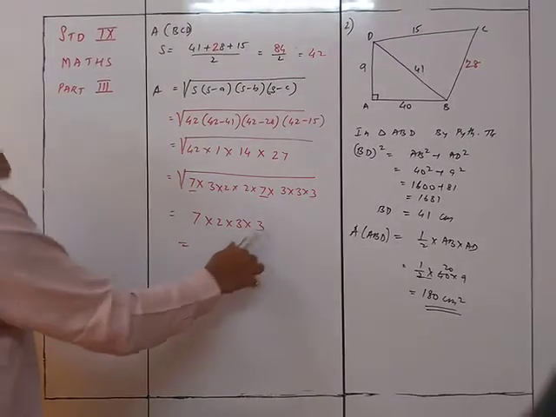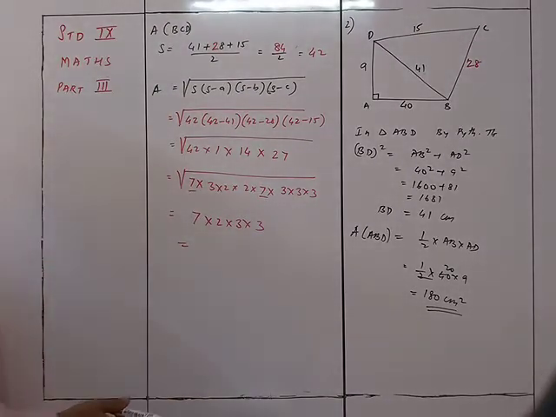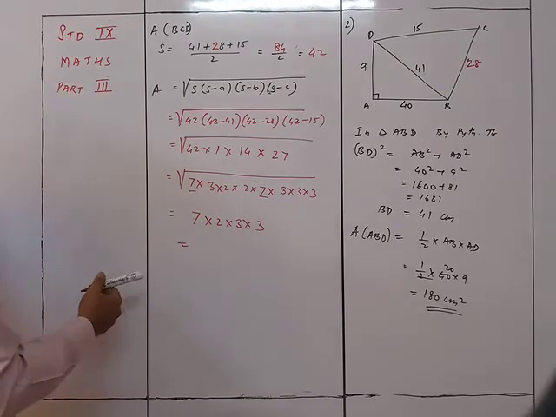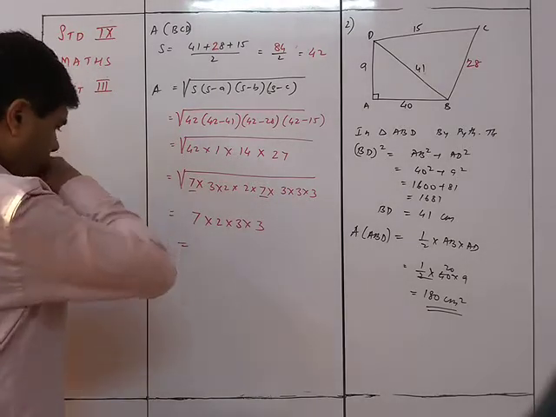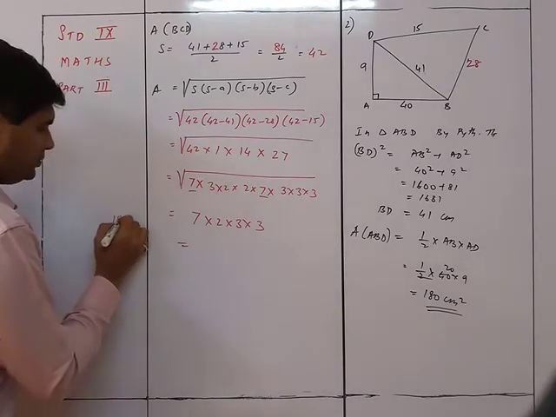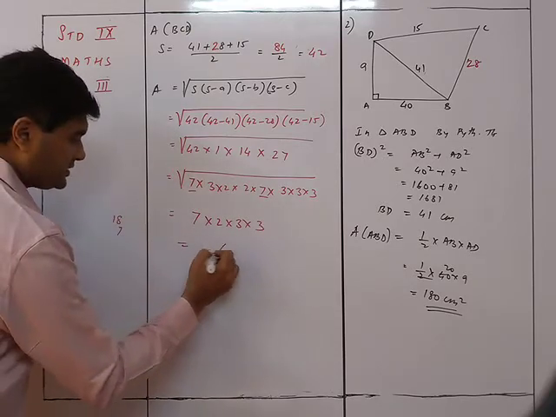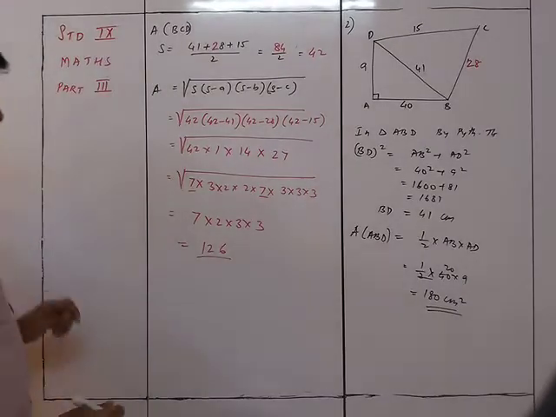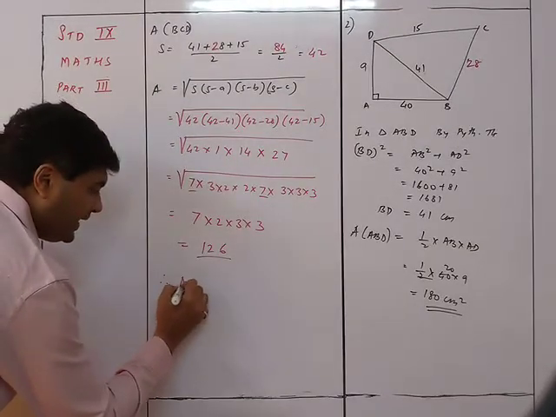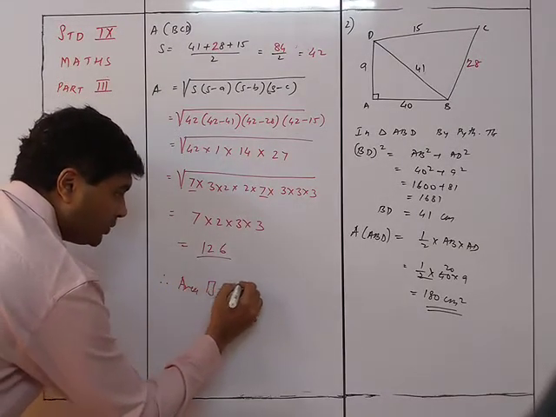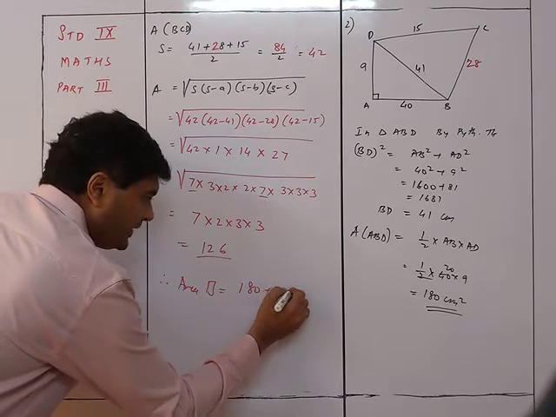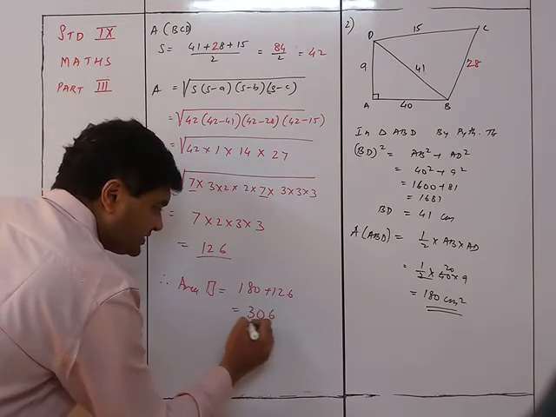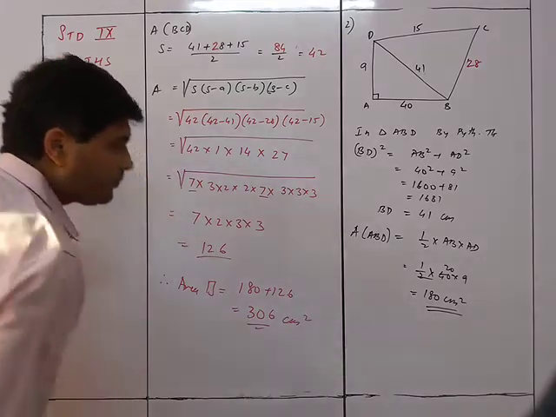So that is 3 3s are 9, 9 2s are 18, 18 into 7 is 126. Therefore, area of the quadrilateral will be equal to 180 plus 126 is equal to 306 centimeter square.